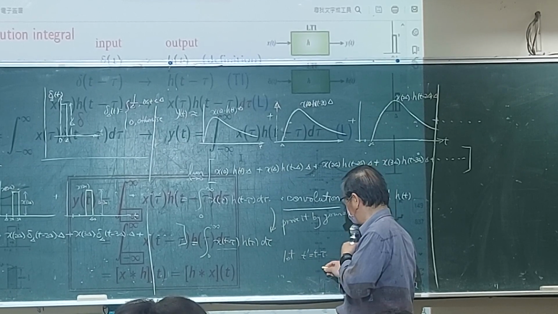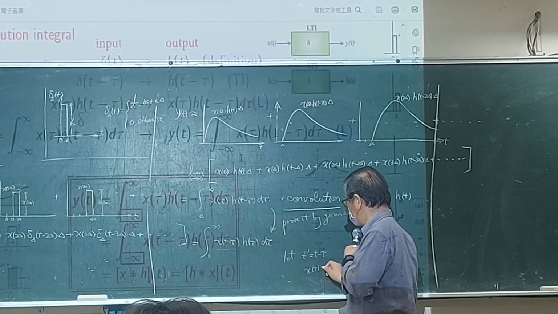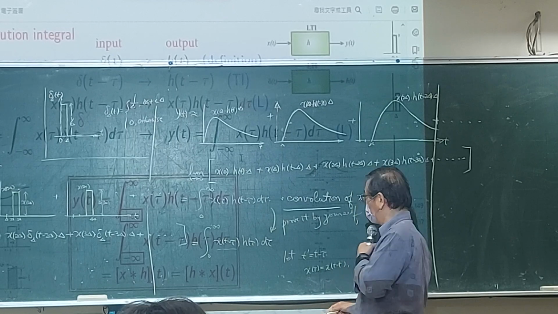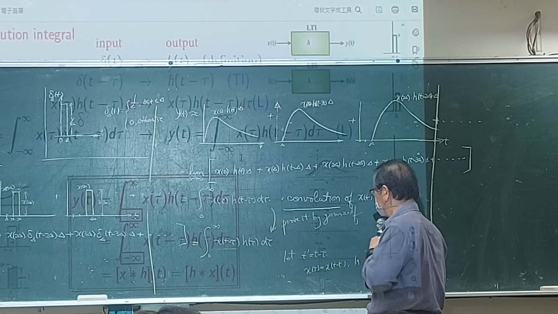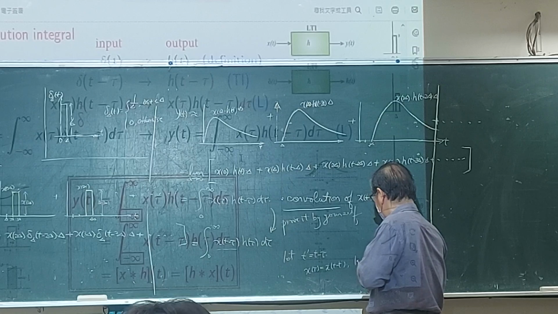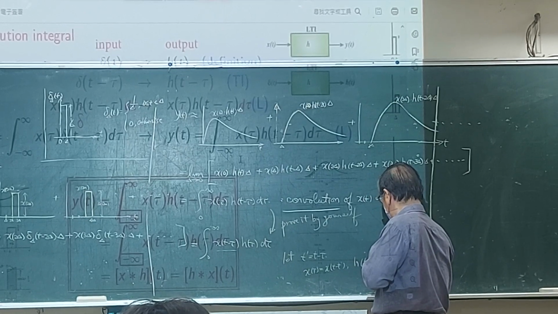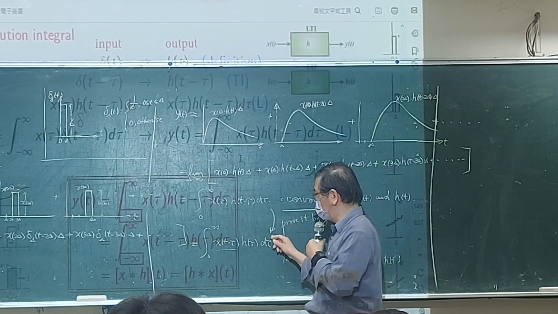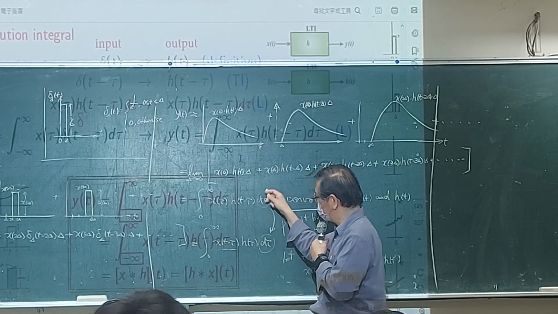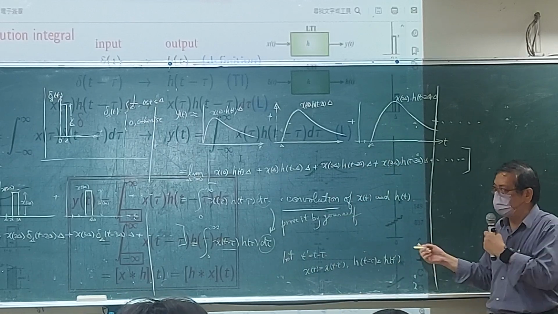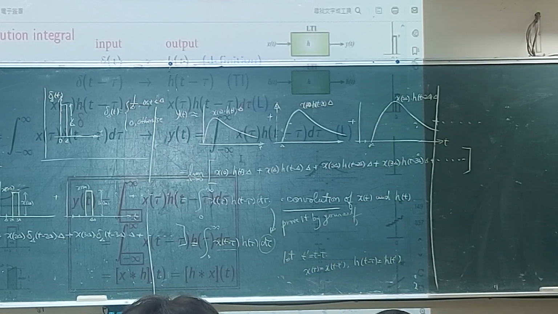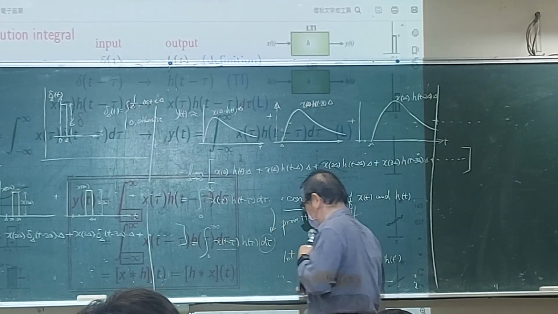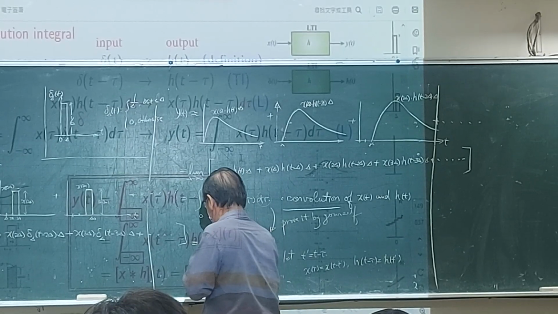So x of tau can be written as x of t minus t prime, and then h of t minus tau becomes h of t prime. So you can see that now we have the form we want. The only thing you have to deal with is differentiation here. I leave the remaining one or two steps for you to figure out by yourself. And then we have a notation for this.